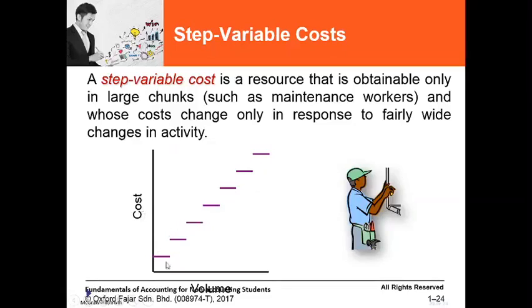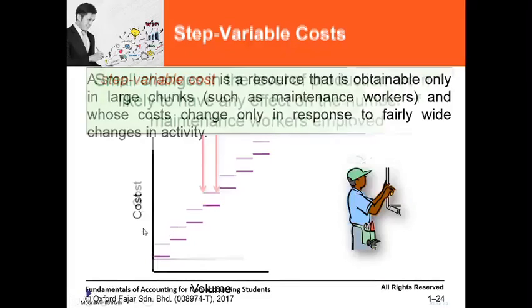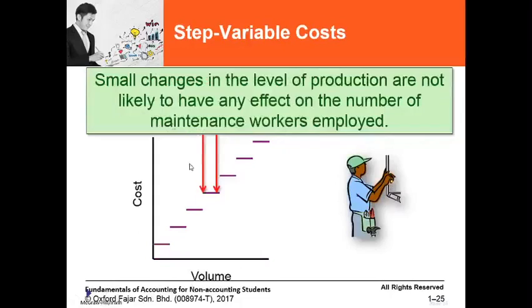It has a certain relevant range, and only if it exceeds the relevant range will the cost be higher. Small changes in the level of production are not likely to have any effect on the number of maintenance workers, as long as it stays within the relevant range. If it exceeds the relevant range, then the cost will increase to the next level.